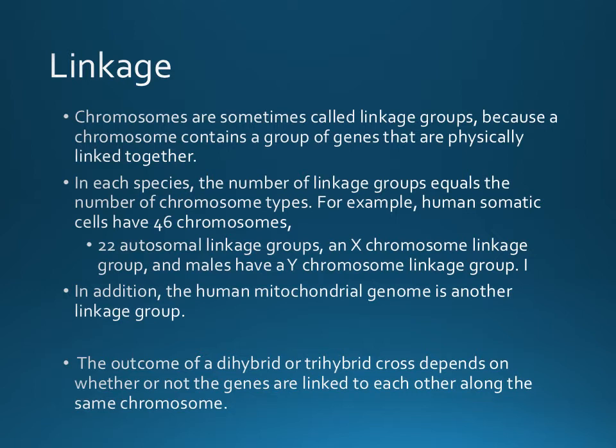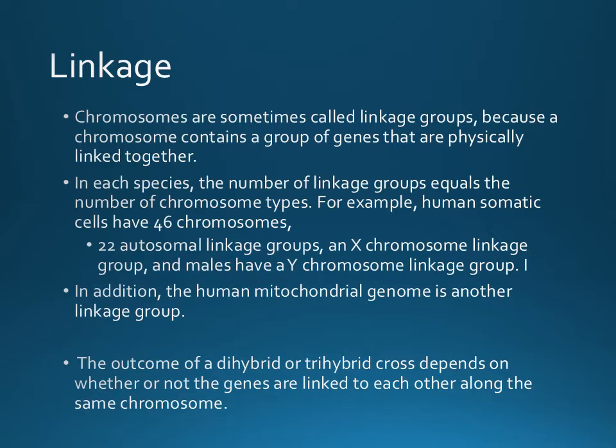In addition, I'm talking about a gamete, which has 22 autosomal linkage groups and one X chromosome in the case of a female, and in the case of a male it is the Y chromosome.